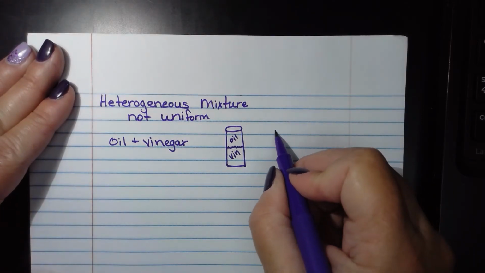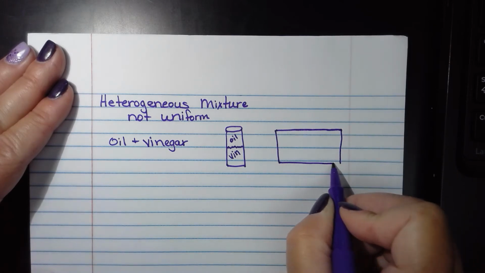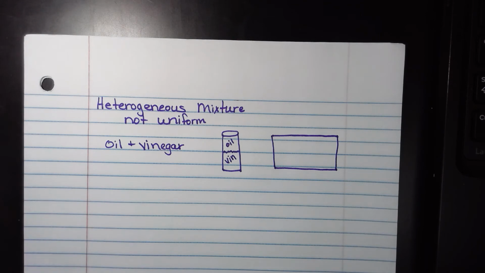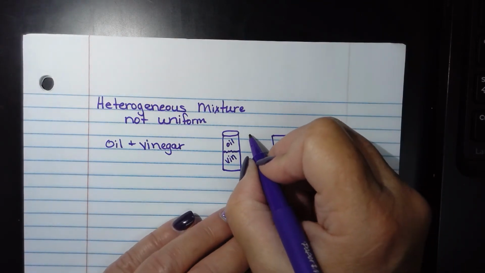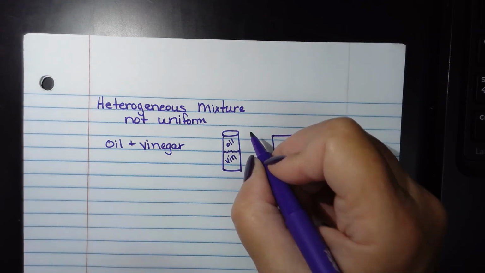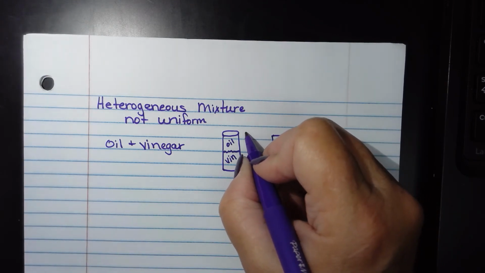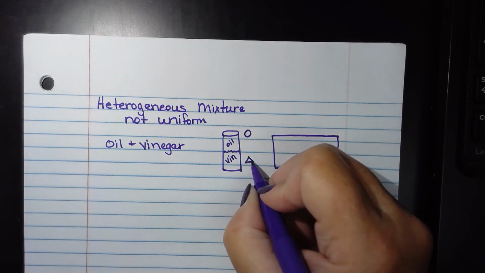If you think back to the particle pictures we drew with that activity, let's say, for the sake of it, that oil is a shape. Don't think of oil as a single atom. We're just going to say that oil is a circle and vinegar is a triangle.